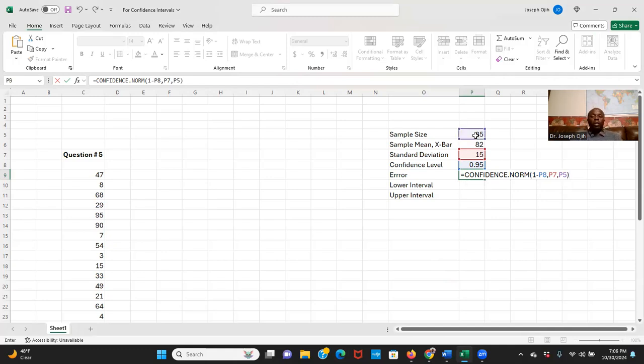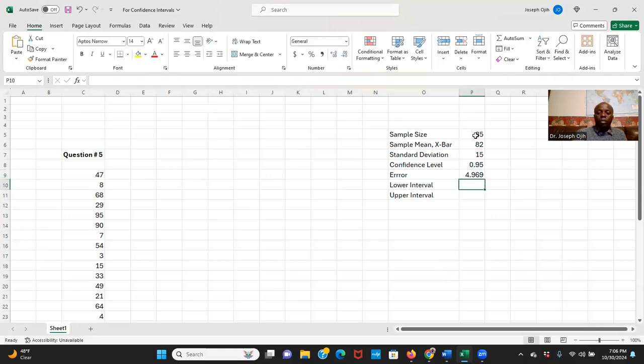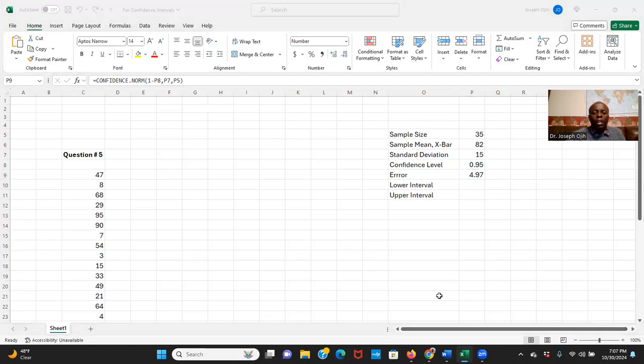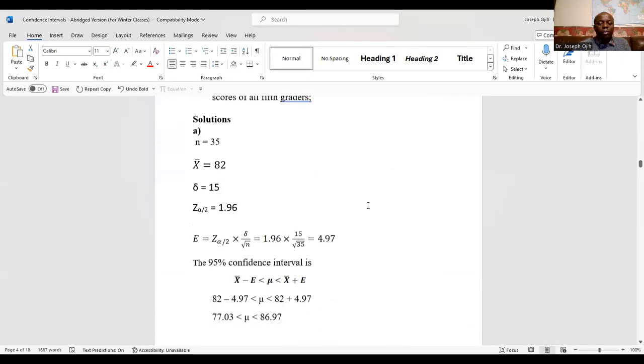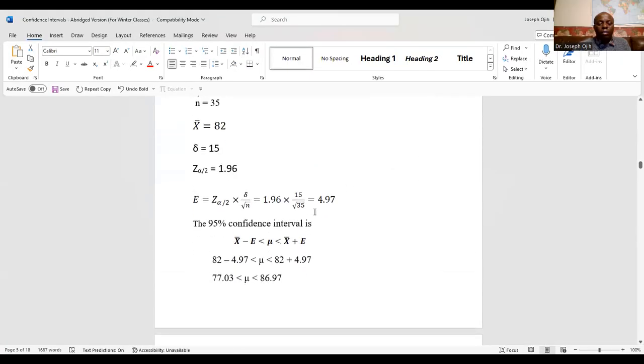Once you did it this way, you can just press the enter key to give you the 4.96, which, if you round it up to two decimal places, gives you 4.97, which is the same thing that we got here. See, the error is 4.97.